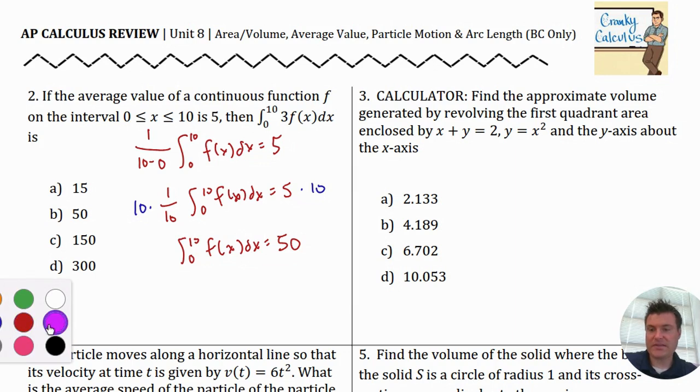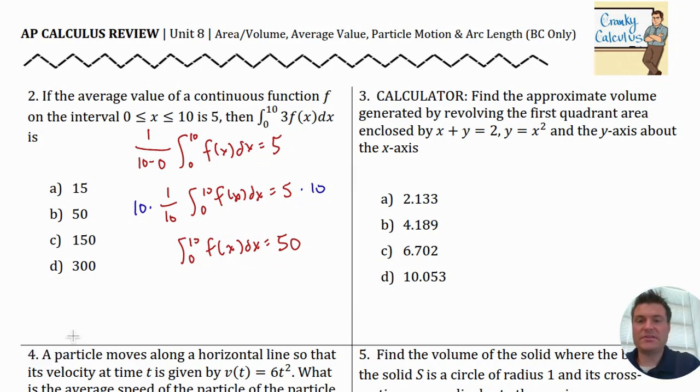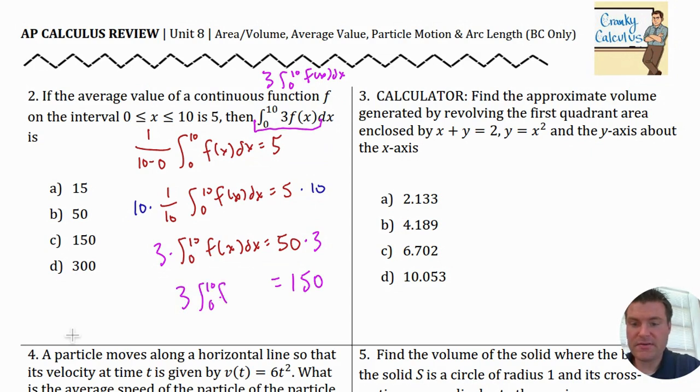The question's actually asking for 3 times this, because this is the same thing as 3 times the integral from 0 to 10 of f of x dx. So I'm going to multiply both sides by 3. That's going to give me 150 for 3 times the integral from 0 to 10 of f of x dx. So the answer here should be C.